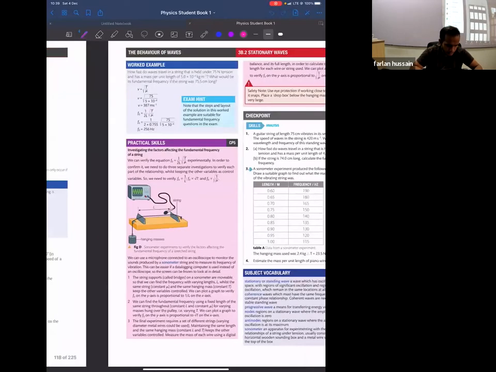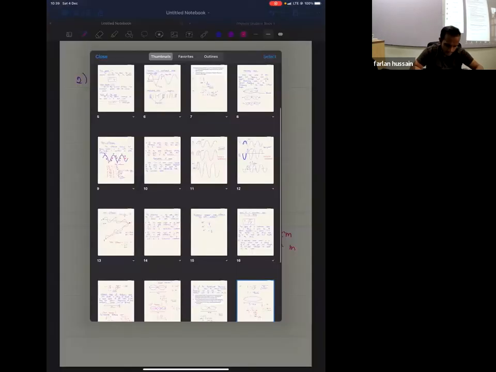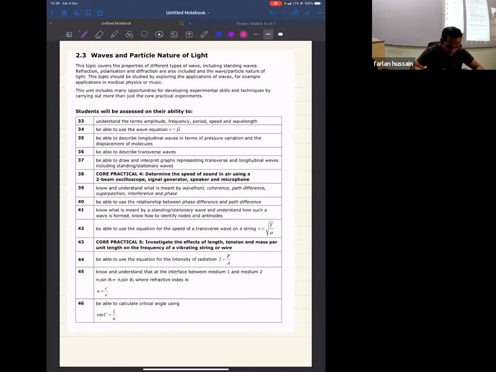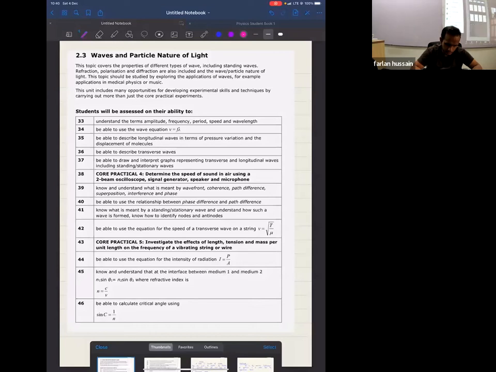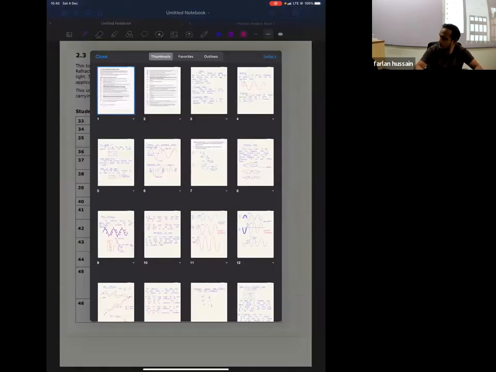Guys, write down the subtopic: intensity of radiation.